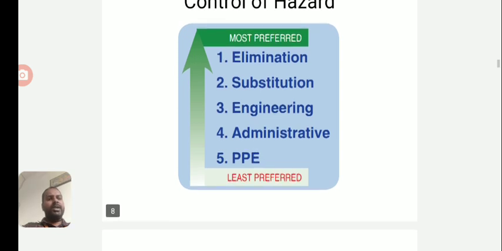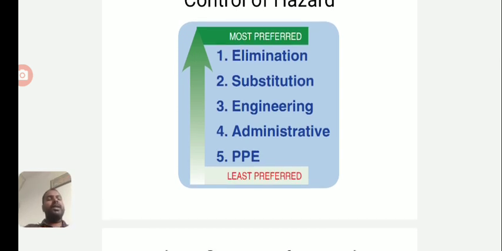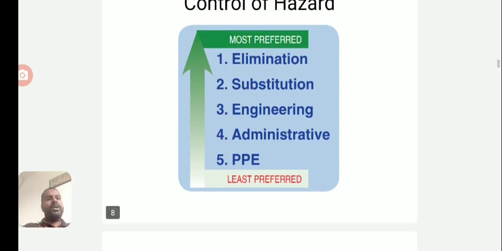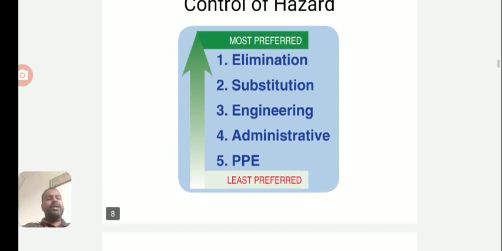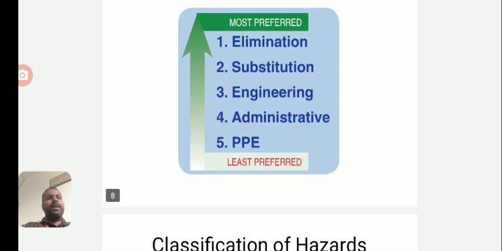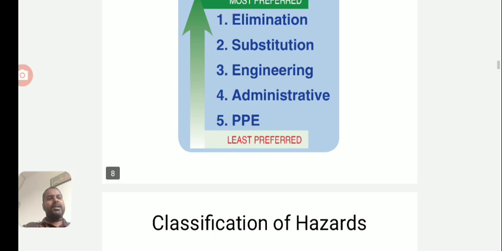That is the elimination. Substitution is another way, to substitute one thing with another. Engineering is the solution and analysis part: what procedure and what flow chart can be followed to reduce the disaster and hazards, etc.